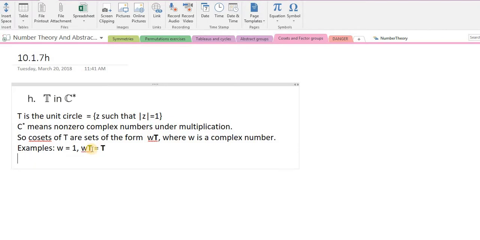All right, let's try something else. Now you could try i. How about w equal to i? What happens when you multiply a number of absolute value 1 times i?